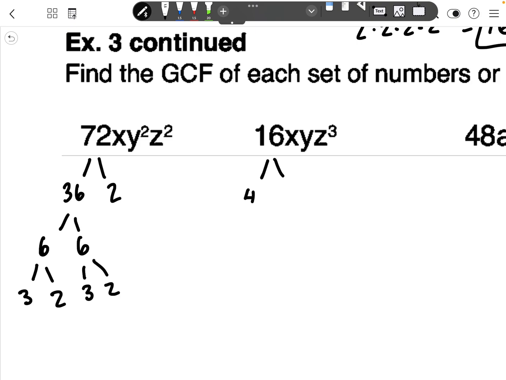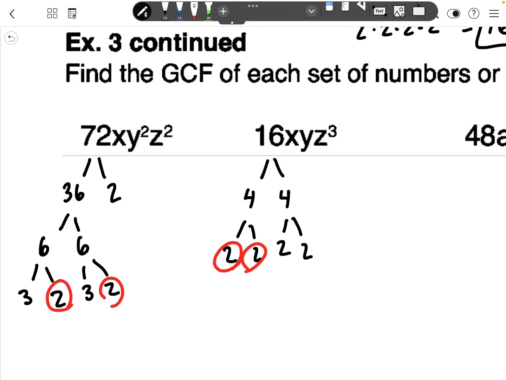And 16. So all I have is 2s. So 2 times 2 is 4. And then when I look at the x's, I could do 1x. And then I have y's. I only have 2 here and 1 there. So the most they have in common is the 1y.